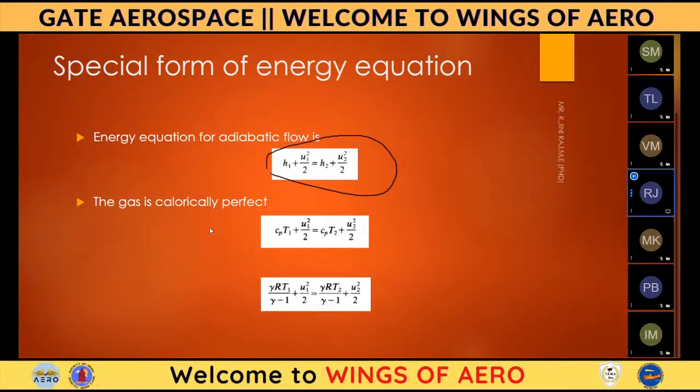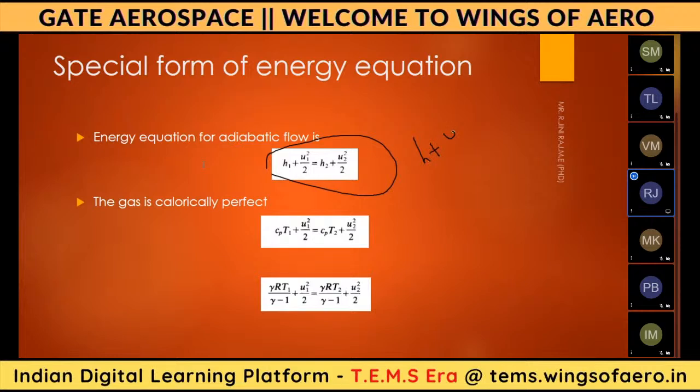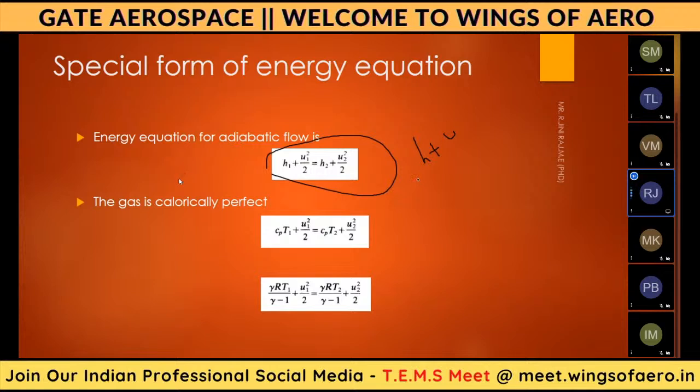In thermodynamic relations, we have seen that h plus u1 squared by 2 equals constant. We will see that in the next slides.